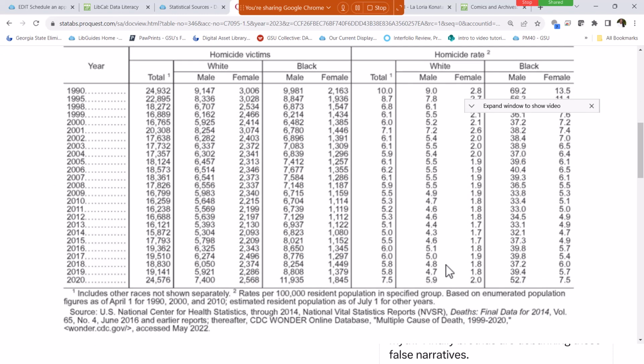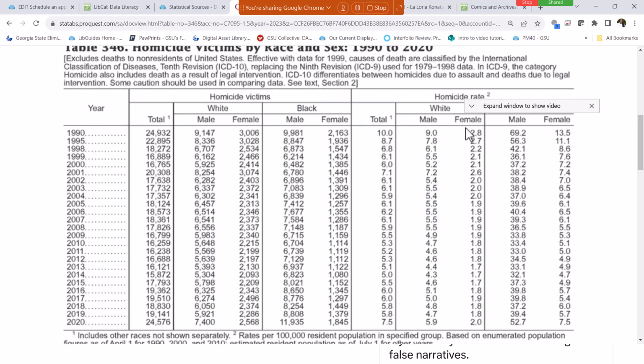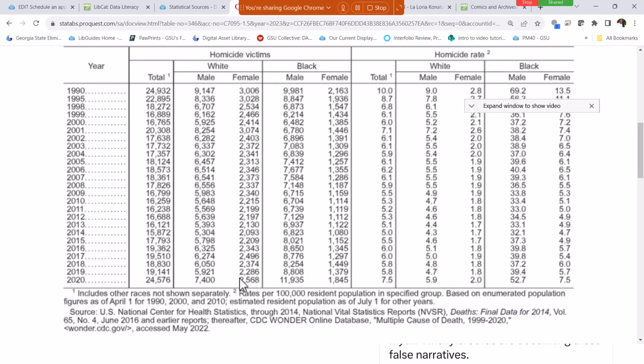Okay, 2020 total. So these are divided by race. So I guess if you add white females versus Black females, you get close to that number that they had.